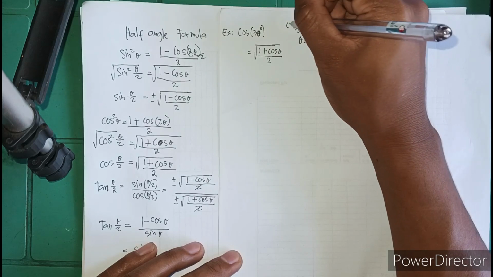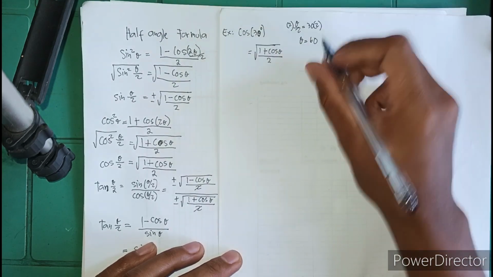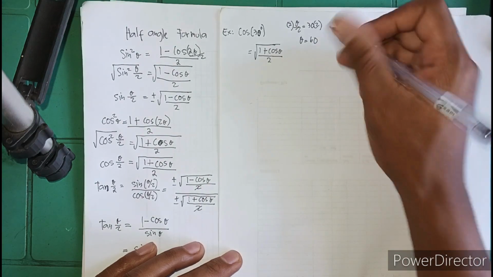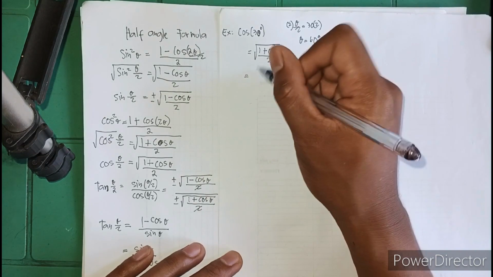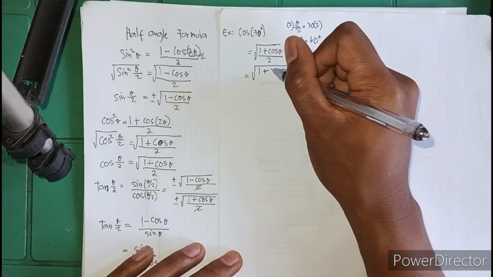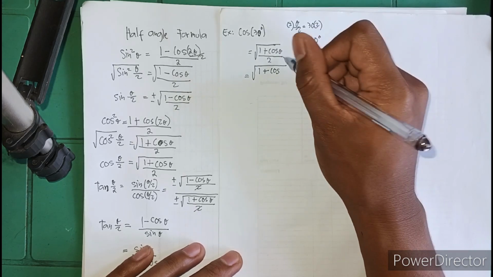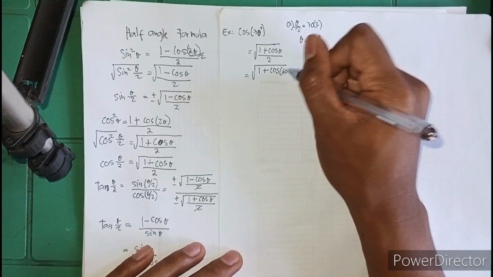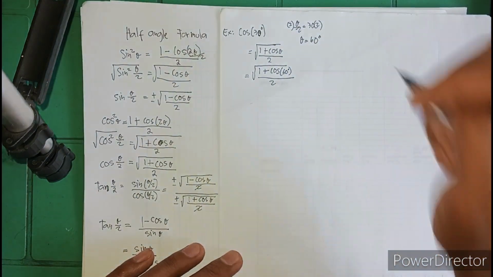So if we multiply 2 here and 2 here, we get 60 degrees. Our theta is 60 degrees. So we can now substitute 1 plus cosine of 60 degrees over 2.